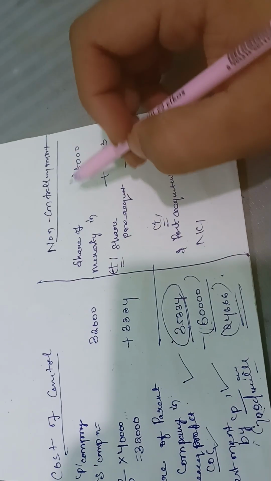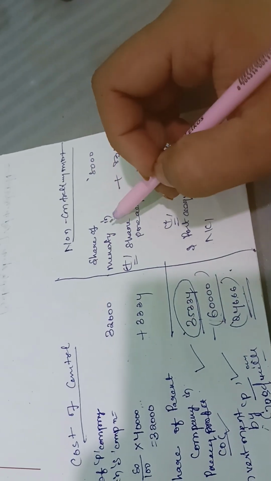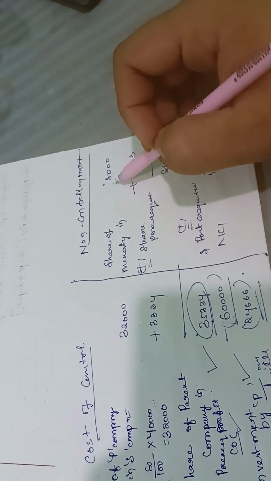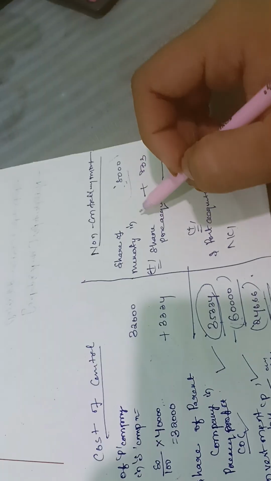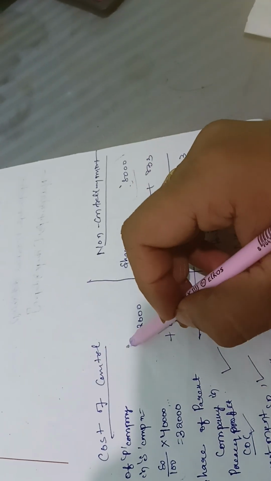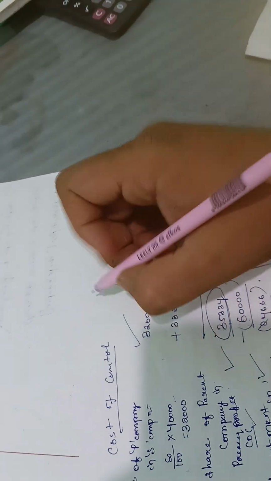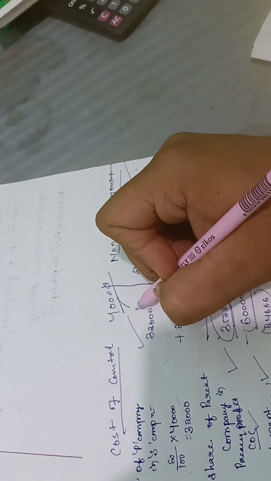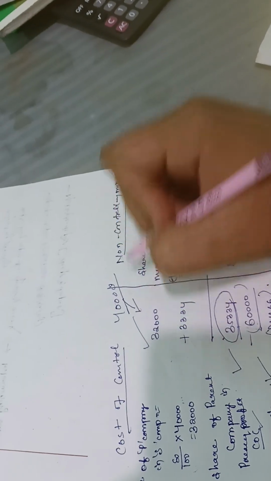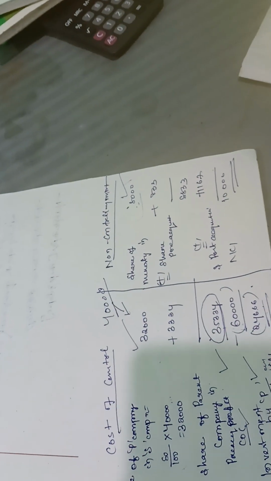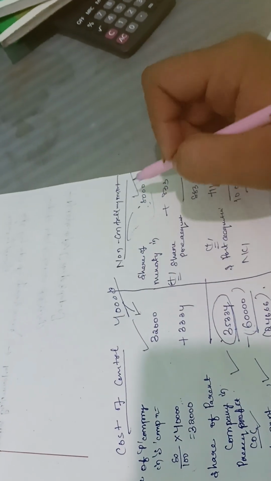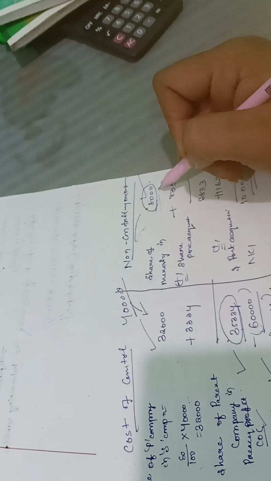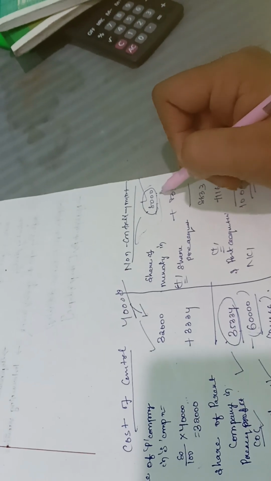Then we should calculate the non-controlling interest, the minority share in the subsidiary company. The total share capital was 40,000. 80% of 40,000 is 32,000, and the remaining 20% is 8,000.